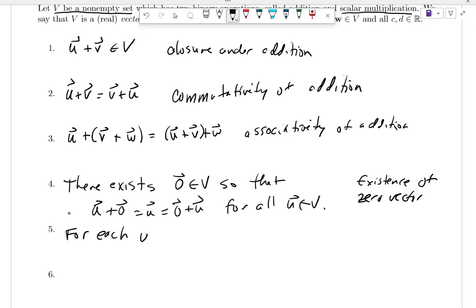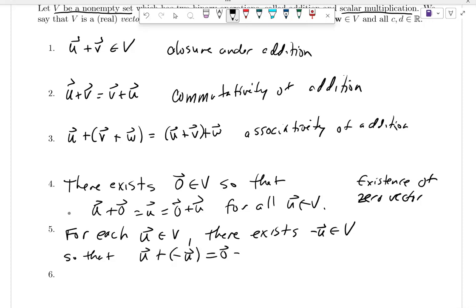So for each vector u in V, there exists something we'll call the negative of u in V, so that when I add my u to my negative u in either order, I get the zero vector out.